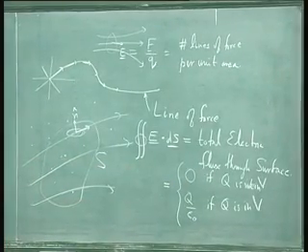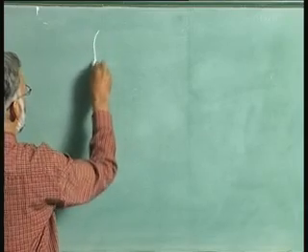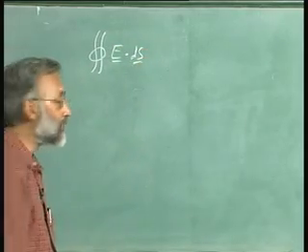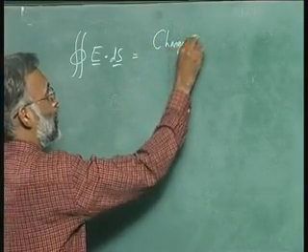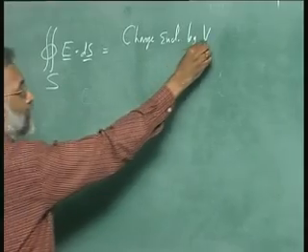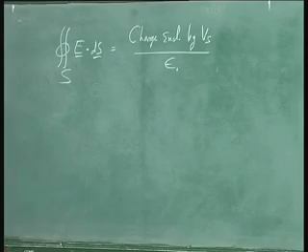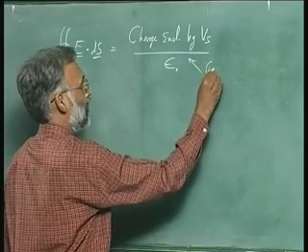So, actually we get a result which says surface integral E dot ds due to many charges is equal to charge enclosed by volume. So, this is a surface and this is the volume enclosed by the surface, divided by epsilon naught, and this is called Gauss's law.